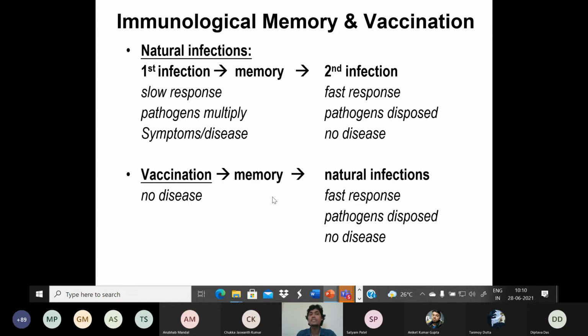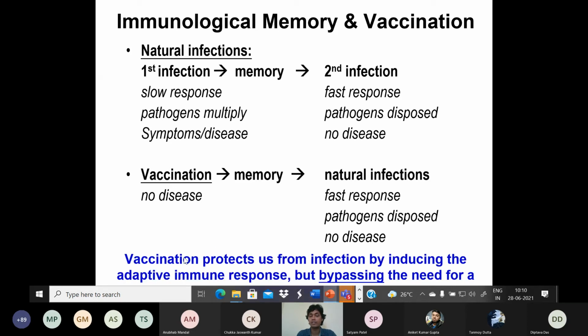We are trying to make it happen through vaccination, with no disease. That means we are actually bypassing it. Vaccination protects us from infection by inducing the adaptive immune response, bypassing the need for the disease. So here you can see, first, vaccination means we are giving some inactivated form of pathogen so that the pathogen cannot multiply or create the disease in the host.